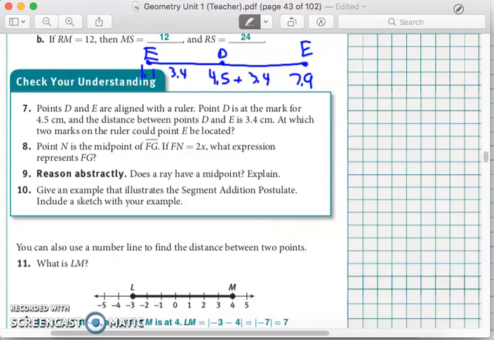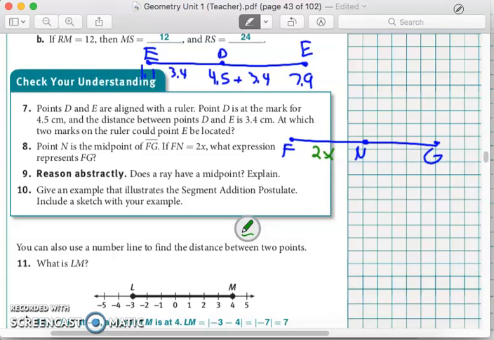All right, number 8: point N is the midpoint of FG. Notice how I keep drawing pictures. Pictures really help out a lot if you get in the habit of drawing. So N is in the middle of FG, and it tells us that FN is 2x. If FN is 2x, what's the expression to represent FG? Remember, if N is the midpoint, that means both segments are the same.